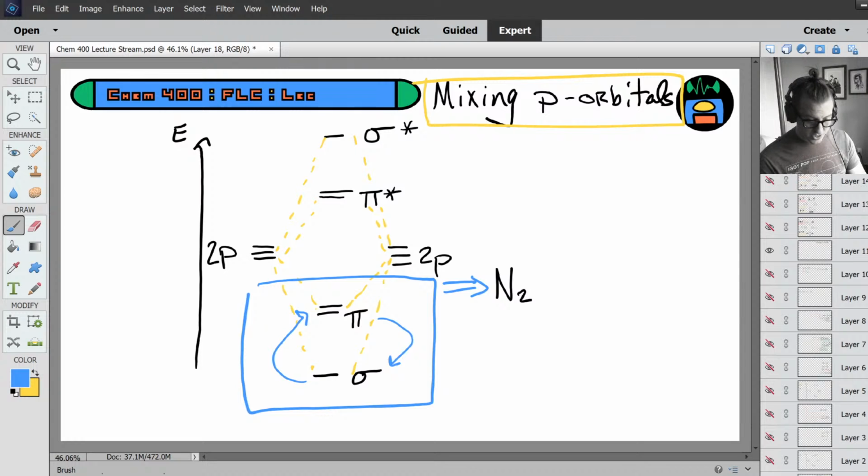So for nitrogen, you have your pi bonding orbitals that are lower in energy than your sigma. Your pi star and your sigma star are not changed. So for nitrogen, pi star and sigma star remain in the same place.